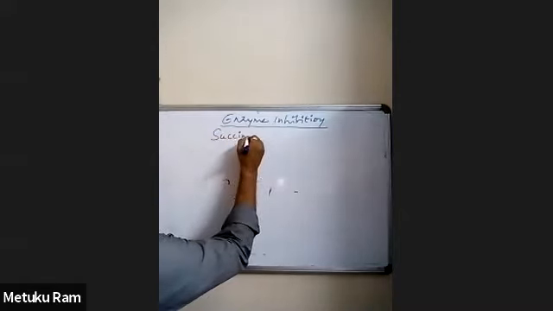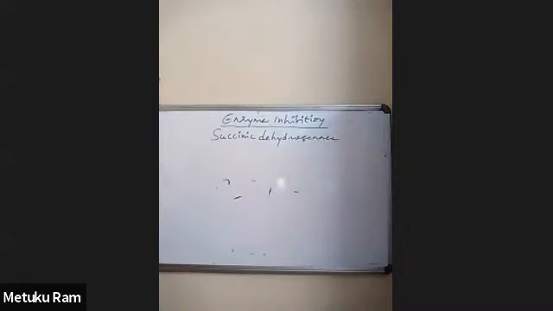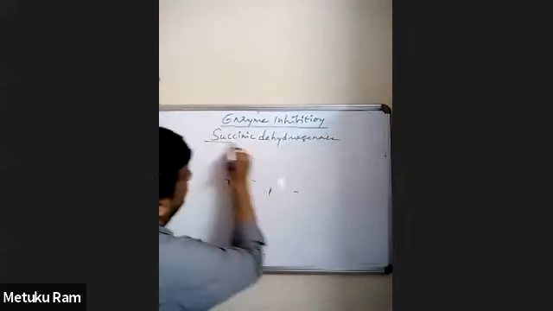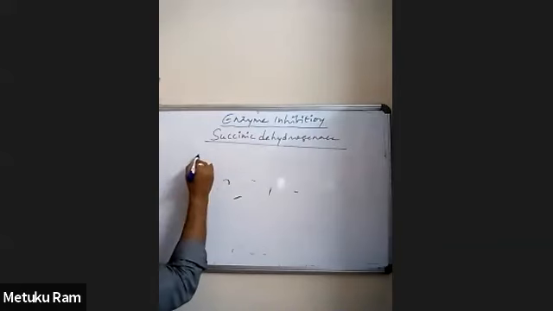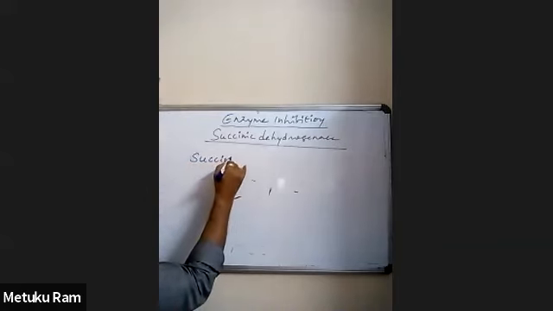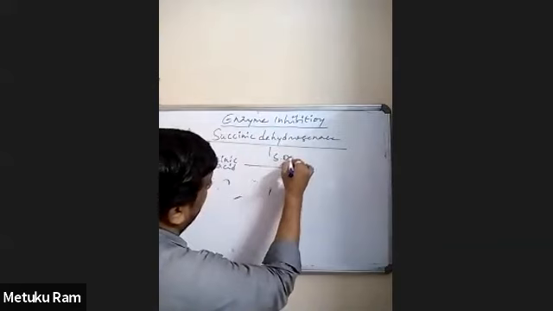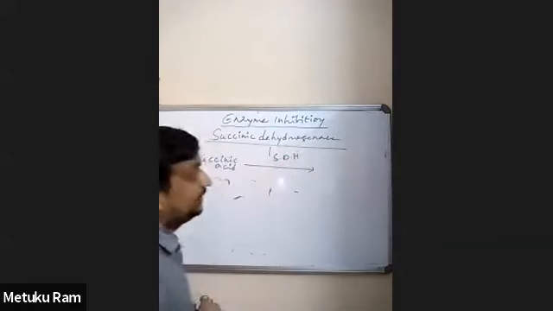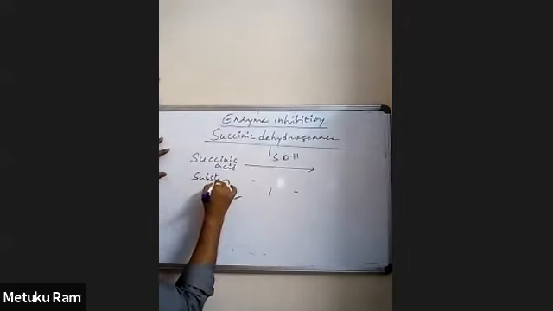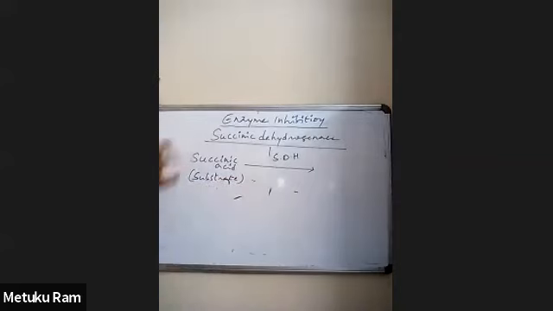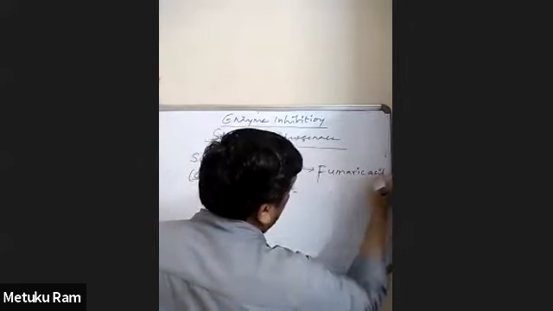An enzyme called succinic dehydrogenase. Succinic dehydrogenase is an enzyme which converts succinic acid, which acts as the substrate, into fumaric acid.